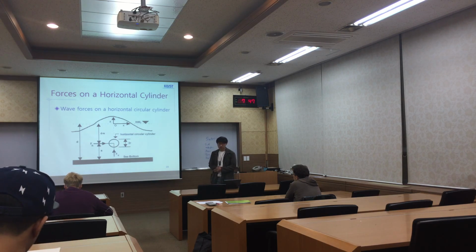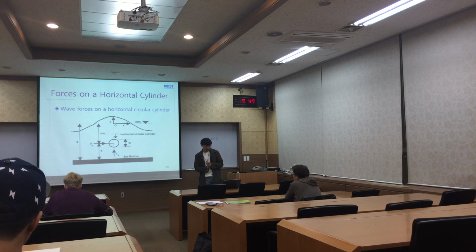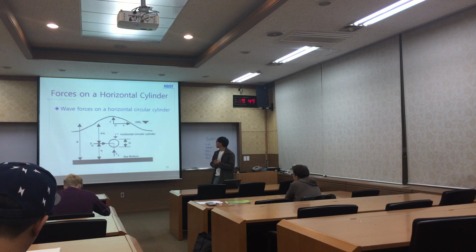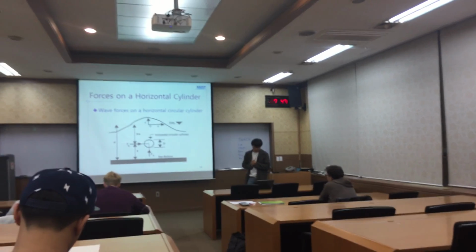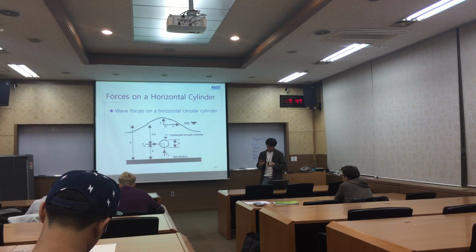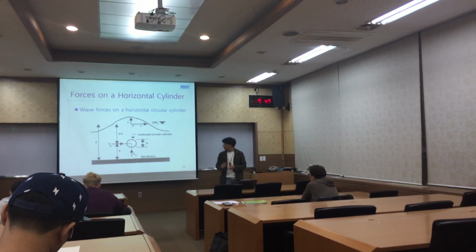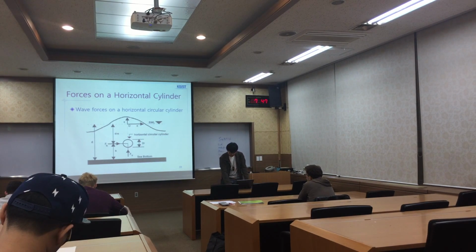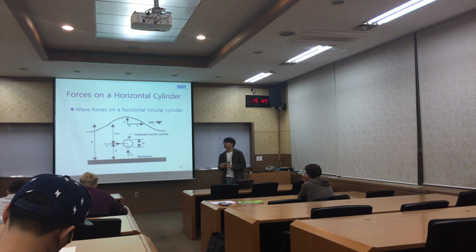Until now, we considered the vertical cylinder structure, and from now we will consider the horizontal cylinder. That will be a little different from the vertical cylinder. When we thought about the case of the vertical cylinder, we only treated the wave force. But in this case, we consider not only wave force but also current force.